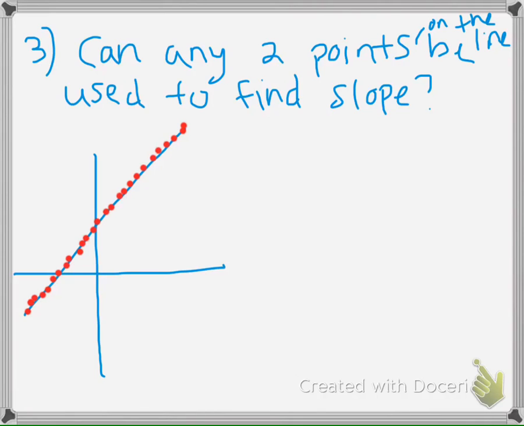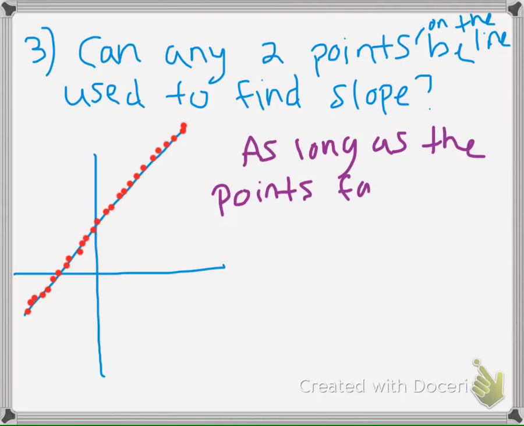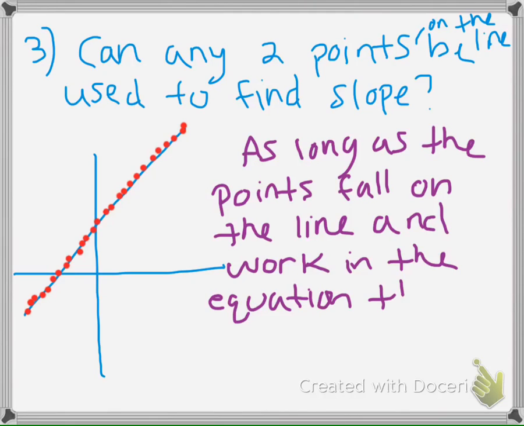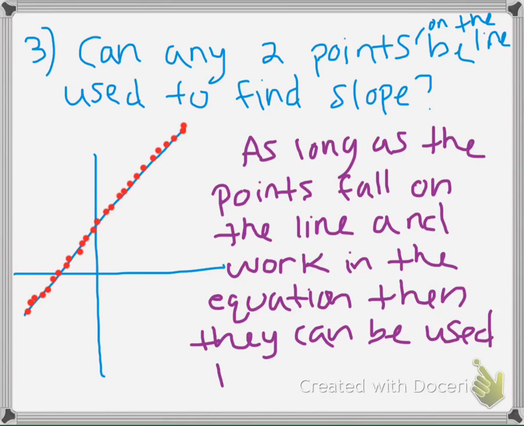I want to write that. As long as the points fall on the line and work in the equation like I showed you, then they can be used to find slope.